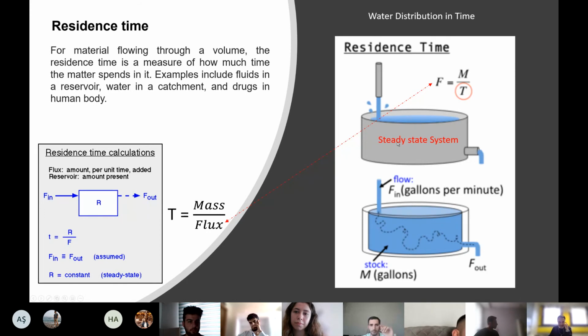So in case that we have input to the system, we have output from the system, and we have a constant level of water in the tank, it is called a steady state system. What does it mean? It means that when the level does not change, the amount of water input per unit time is exactly equal to the amount of output.